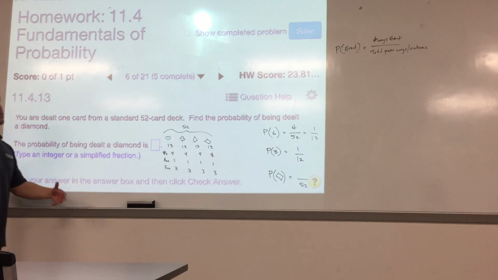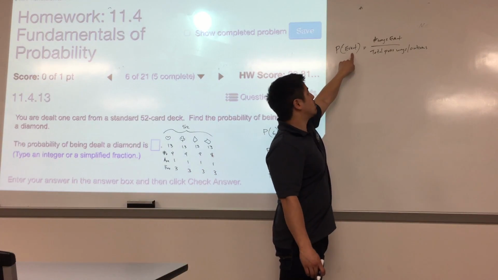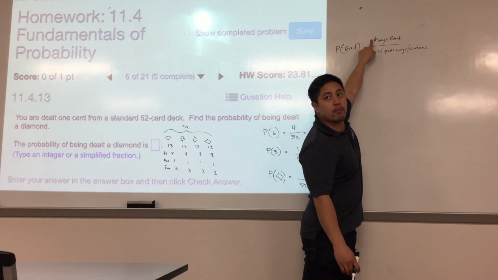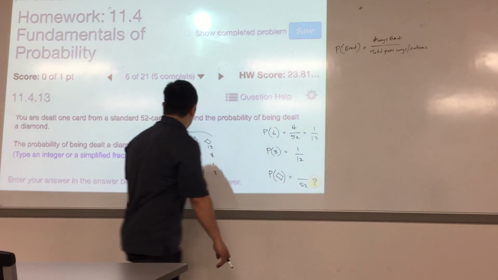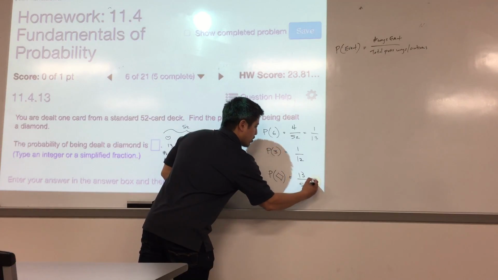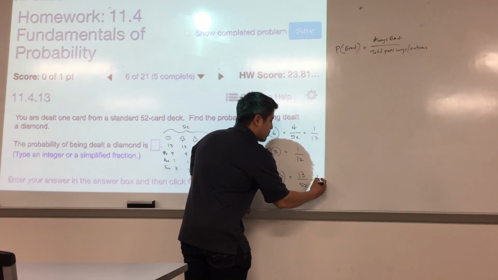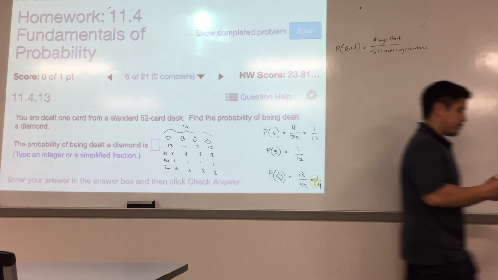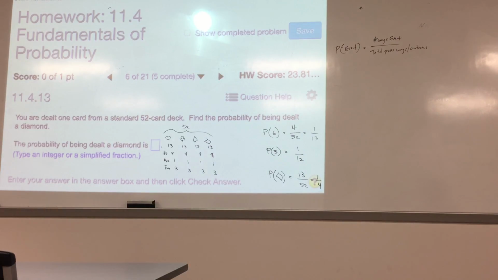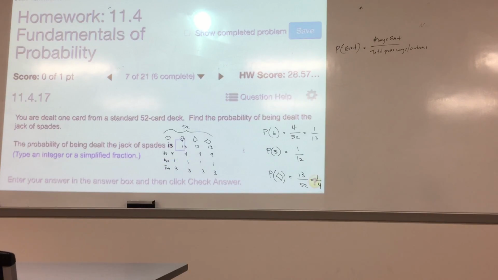Now they ask, what's the probability of getting a diamond? So we need to figure out the number of ways to get a diamond, which is 13. But is that your answer? No. Of course not. You need to reduce it, and it reduces to 1/4. Good job.